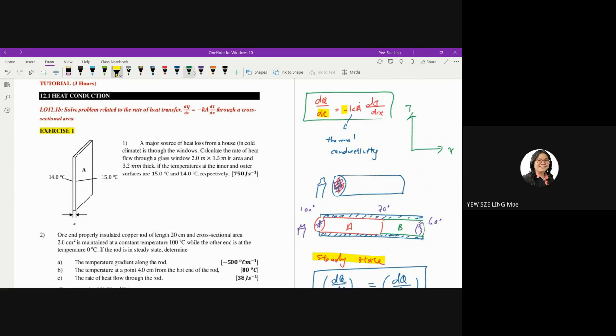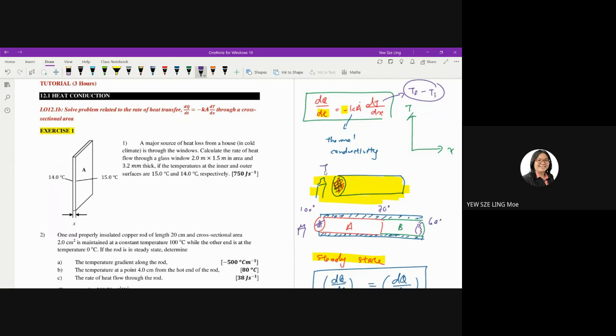In other words, if you expand this equation, dT carries the meaning T final minus T initial. So where is your final position and where is your initial position? If you look at the diagram here, the initial position is a place that is in contact with the source of heat, which means it's the hot end.